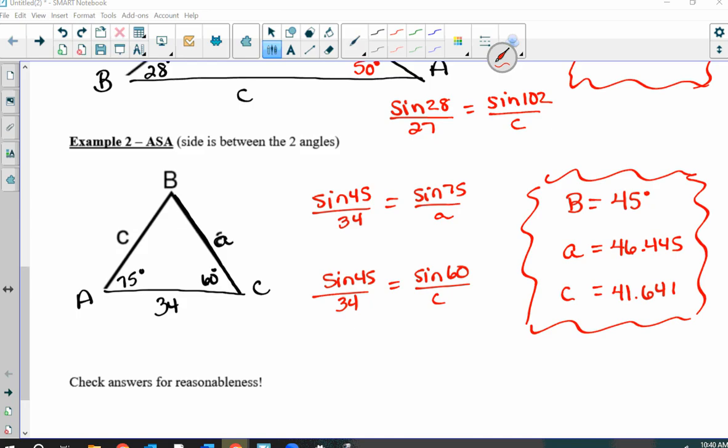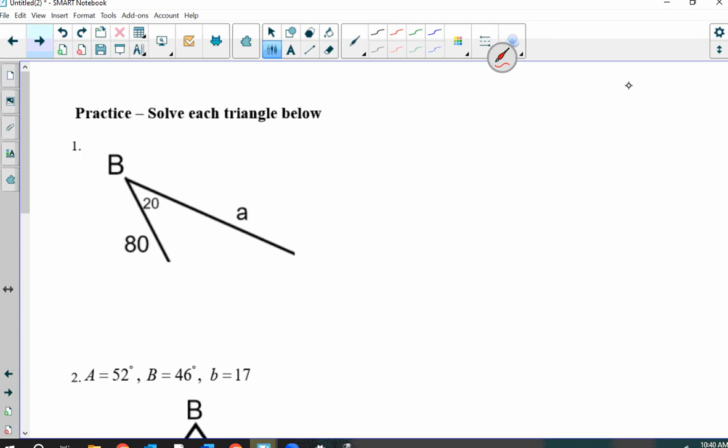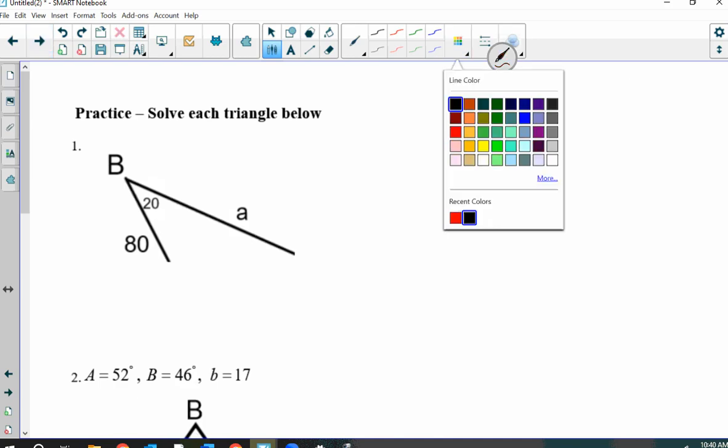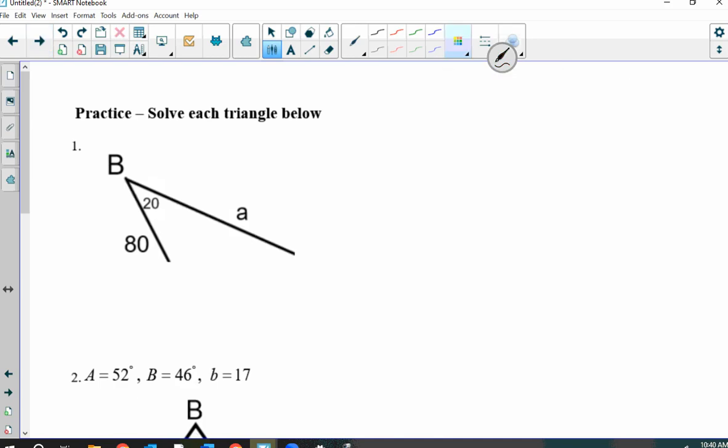All right, guys. Questions so far? All right, let's keep going. Yeah, go ahead and do these last 3. And I'll reconstruct my triangles here. Yeah. Okay, let's go.